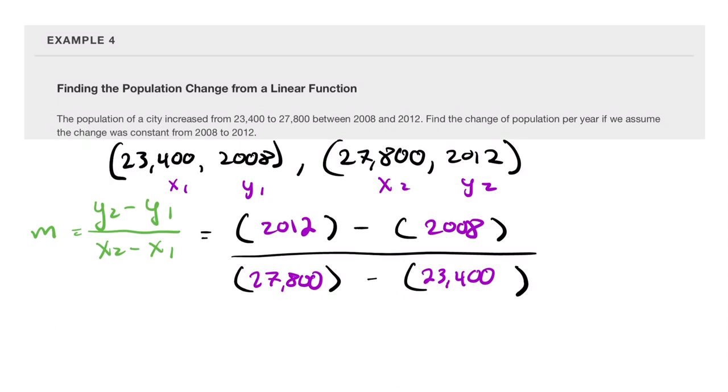What is that? It looks like a 4 on top. Siri, what's 27,800 minus 23,400? 27,800 minus 23,400 is 4,400.